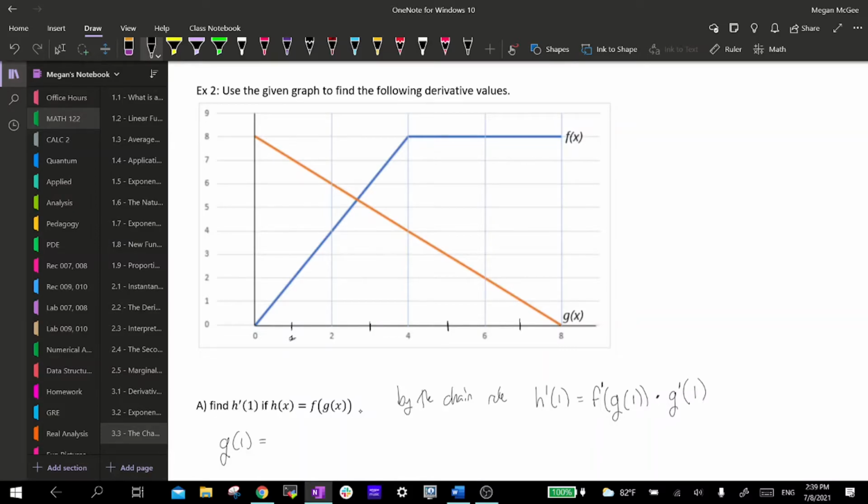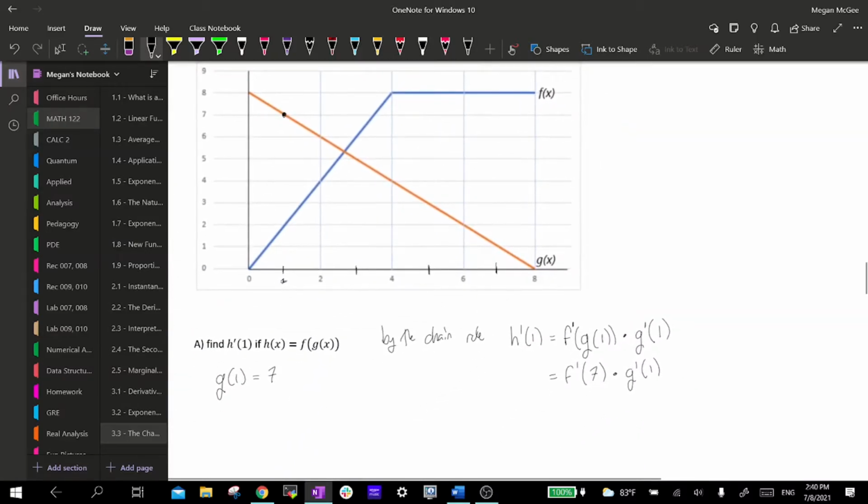So if we want g of 1, we want the value that our line gives us at 1, which is 7. All right, so g of 1 gives us 7. So we can go ahead and say that we now have f prime evaluated at 7 times g prime evaluated at 1. So now we need to find f prime of 7 and g prime of 1.